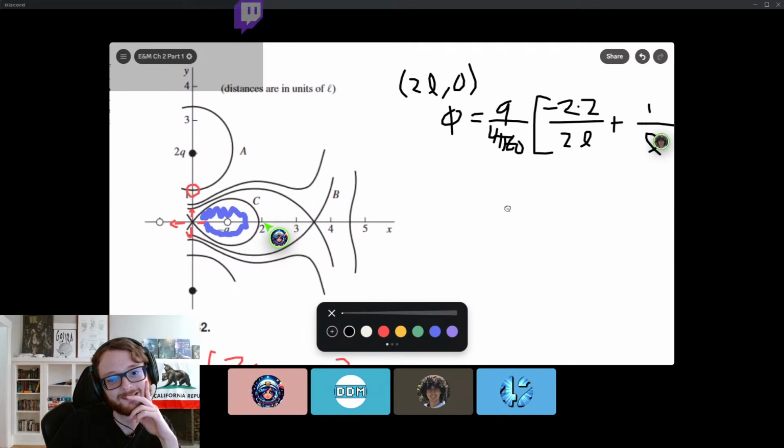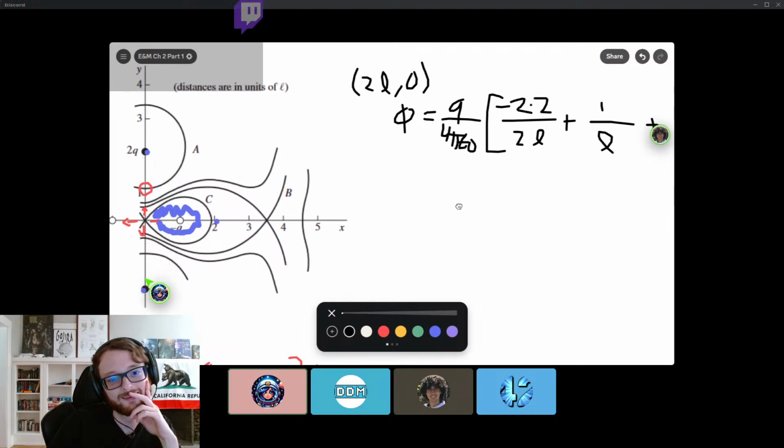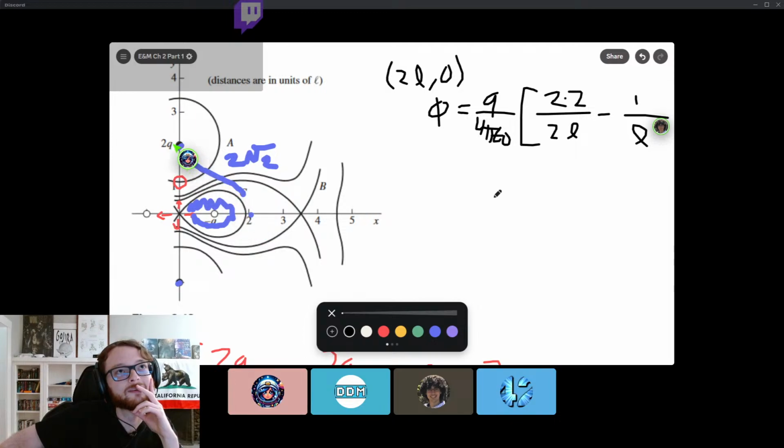We're working with this point and these ones? Yeah, I was trying to do both positive charges at once with that first term. I see, I just flipped my signs. Well, I think that has a distance 2, does it not? Between (2, 0) and the 2q point.